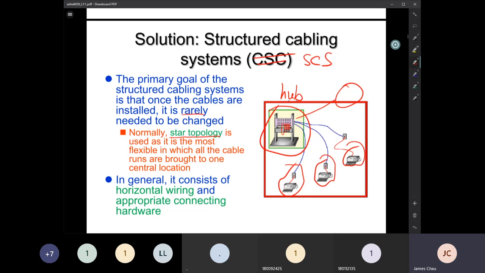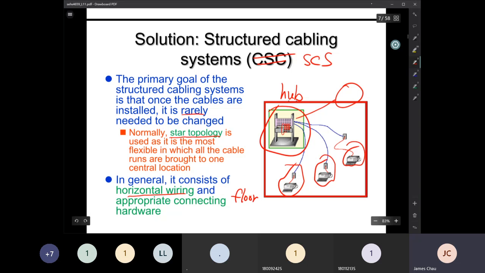Also, later we will describe to you some other components that may exist in the SCS. We have the horizontal wiring, and you may connect them with the appropriate hardware. Now, the horizontal wiring means that we connect the system and the hub on the same floor.